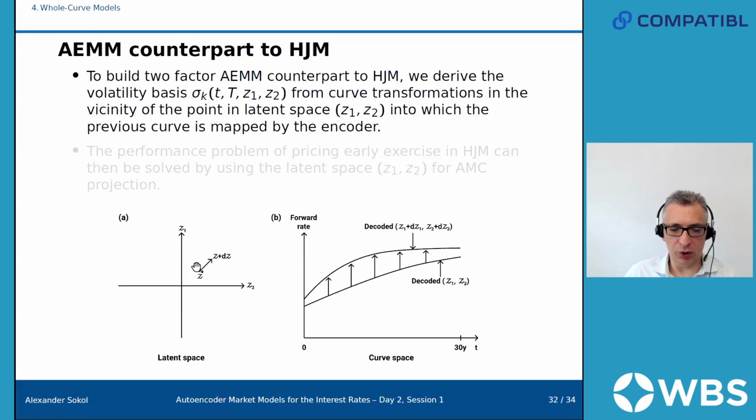One of them will produce one family of shifts. The other direction produces the second family of shifts. So we can take the shifts and use them as sigma, right? In other words, we make sigma depend on T capital the same way as the shifts depend on maturity.